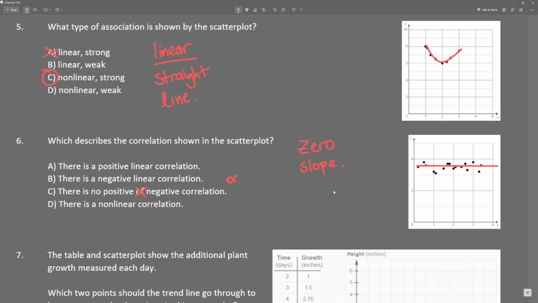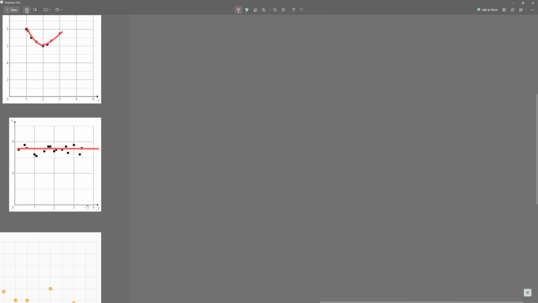It's the same idea. A perfectly flat, quote unquote, linear association. It's actually zero slope. And so there actually is no negative or positive correlation. We would actually say that there is no correlation whatsoever between those two variables.